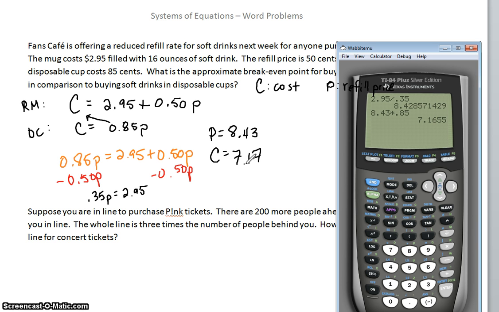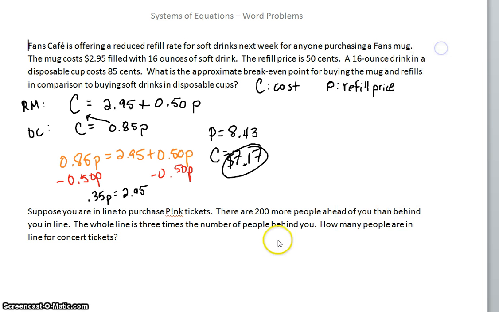So it's not very clean, the break-even point for this case, but this is what we get. The number of fill-ups is going to be about 8.5, and then the cost is about $7.17.